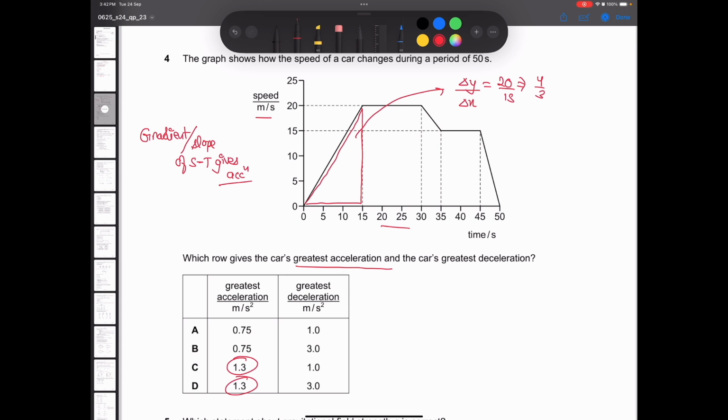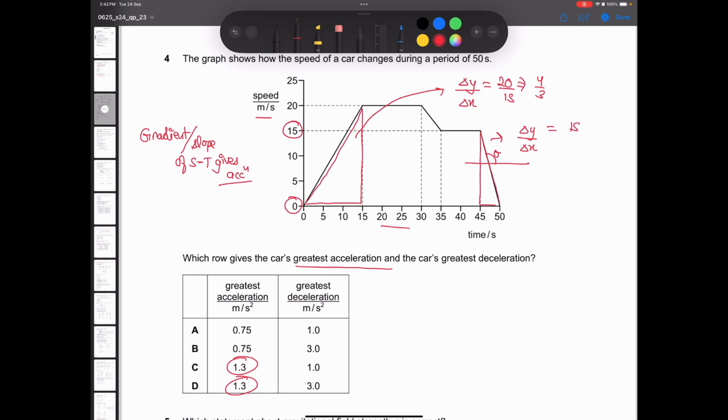Now we pick the greatest deceleration. So the greatest decrease looks like this one. So you find the gradient here. So simply do change in y over change in x again. What is the change in y? You're going from 15 to 0. So what is the change in y? 15.